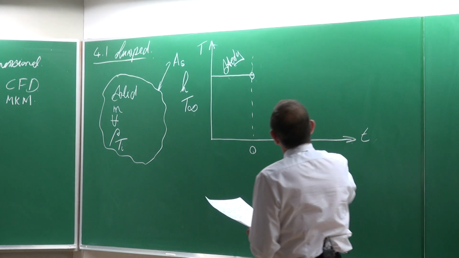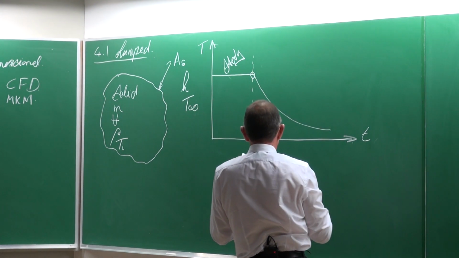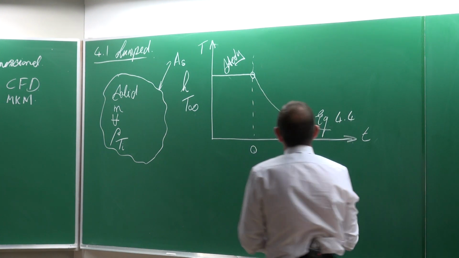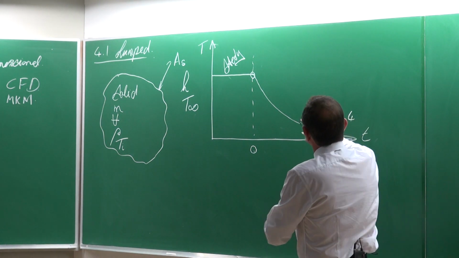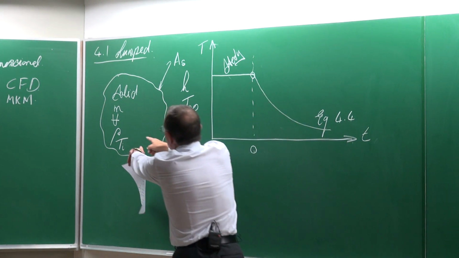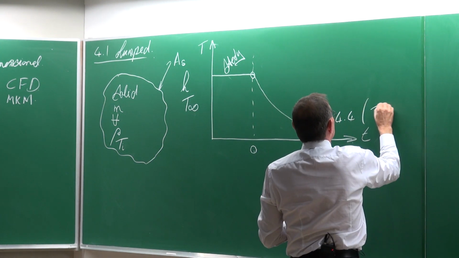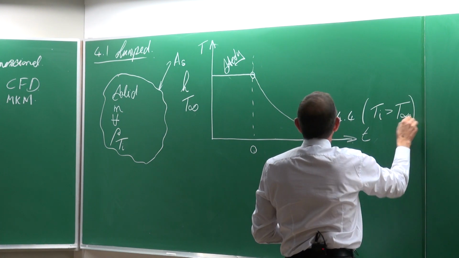And in general, you're going to see that this temperature change is going to do something like this, and it will be described by equation 4.4. So this temperature is going to reduce. This temperature here is going to get less, and that will only happen if the initial temperature is higher than that of the environment.